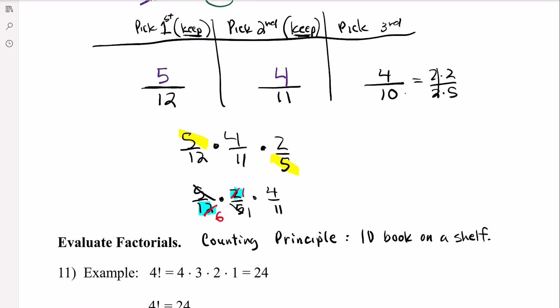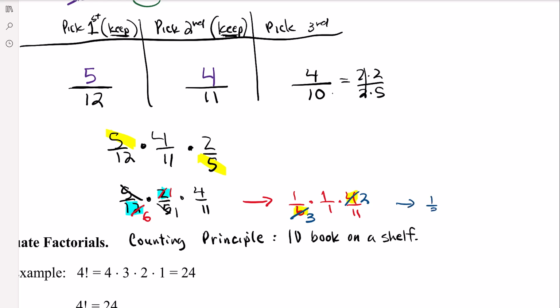Now look at what we have. We have 1 over 6 times 1 over 1 times 4 over 11. We could even go further, because look at this, 4 over 6 have a 2 in common. So 4 divided by 2 is 2. 6 divided by 2 is 3.